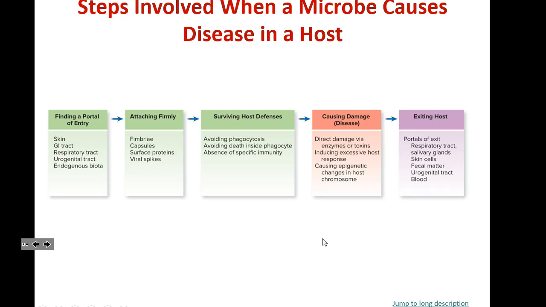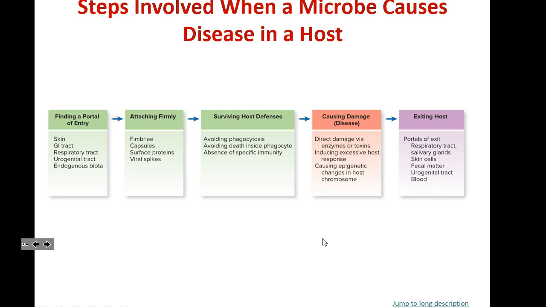Find the portal of entry. Attach firmly. What do microbes use to attach firmly? It was on our quiz or exam. How about Fimbriae? What does Fimbriae do? It attaches capsule, surface protein.